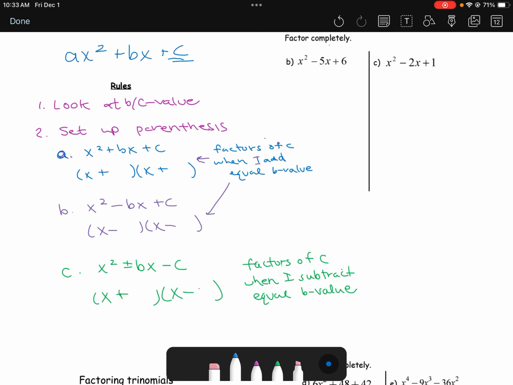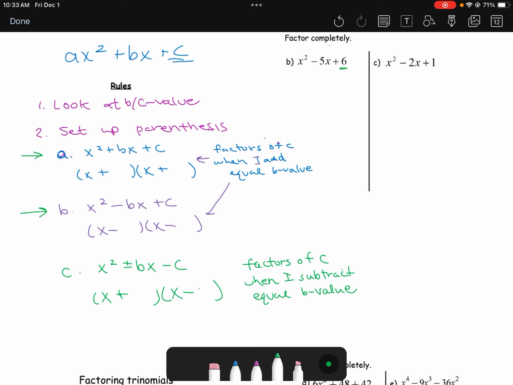So we want to set up the parentheses. And I'm going to do this example while I go over it, because I think that helps explain it a little bit. So you're going to look at your c value. If I'm looking at this one here, my c value is positive. Well, since it's positive, I'm really looking at one of these 2 things: x squared plus bx plus c or x squared minus bx plus c, because you have that plus c.